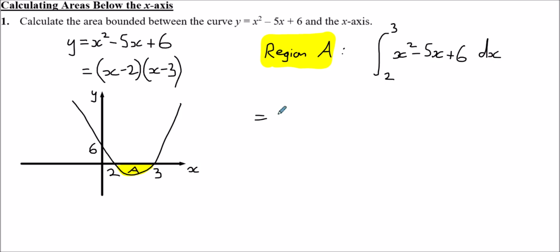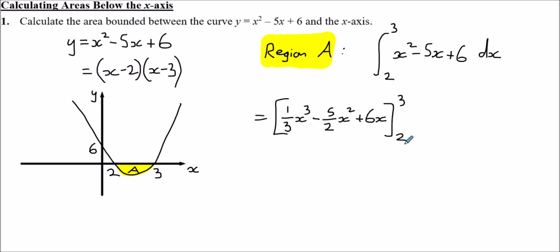So if we integrate this, x squared becomes x cubed divided through by 3, so 1/3 x cubed, minus 5x becomes minus 5 over 2, x to the power 2, and the plus 6 becomes plus 6x. And we do that between the limits of 3 and 2.